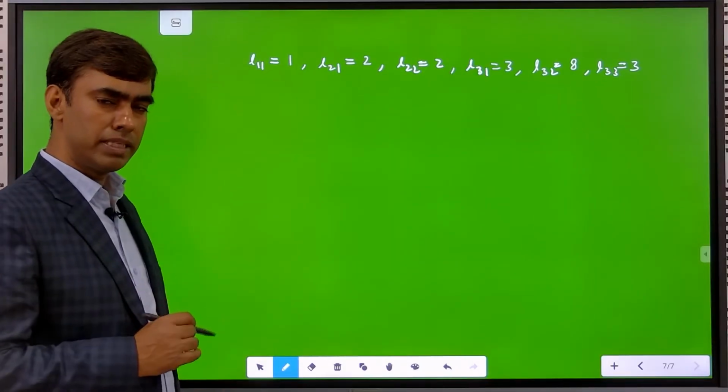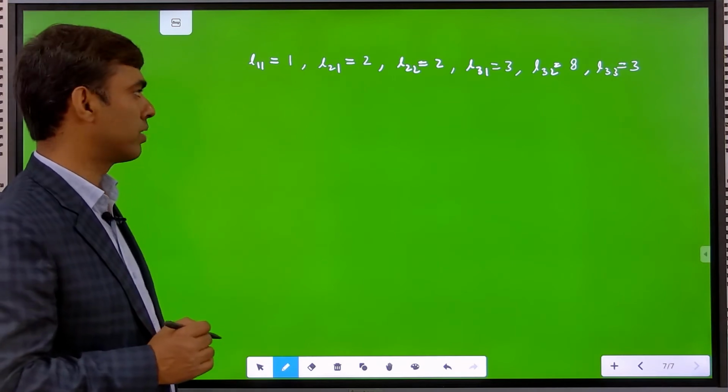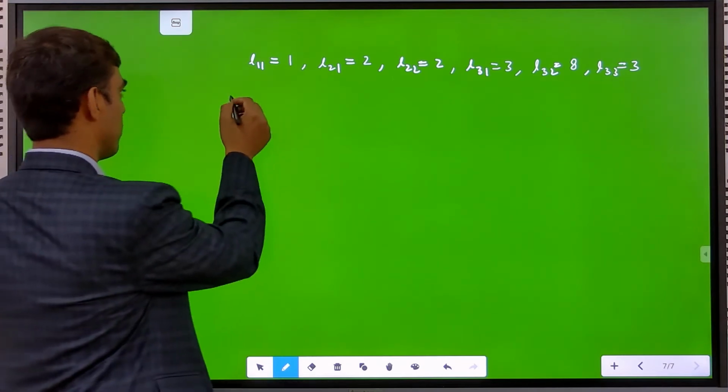Now, once we find all the elements of the lower triangular matrix, what is the matrix L?